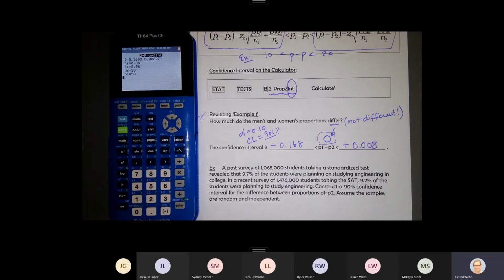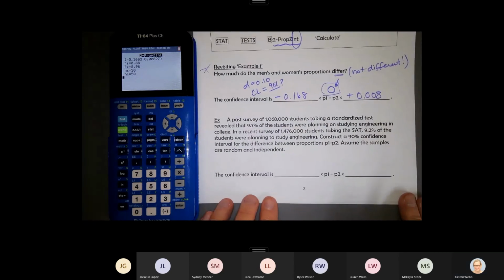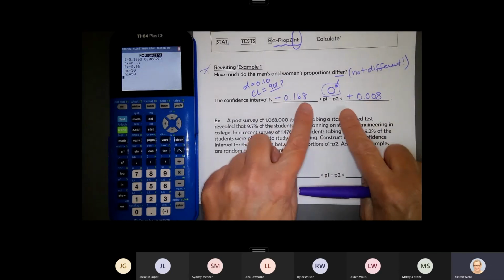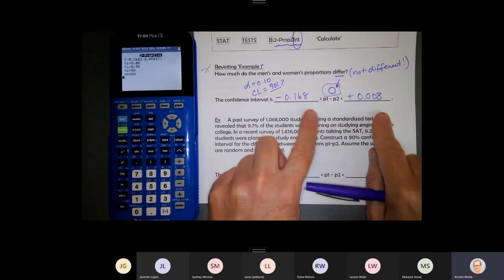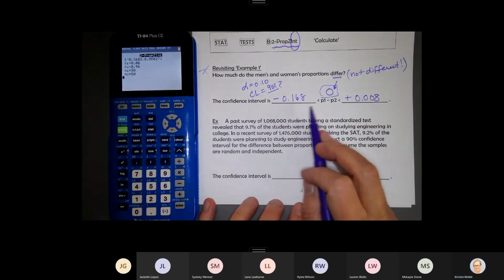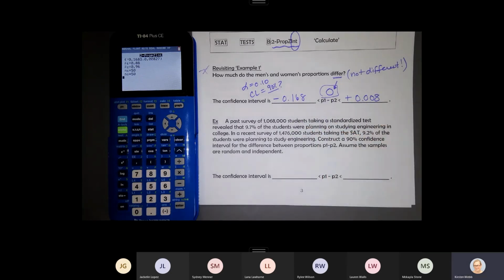The difference when we subtract should essentially be 0. If there was a difference, then both of the numbers would have the same sign. Maybe they would both be positive, or maybe they would both be negative. But one positive and one negative justifies what we thought. They're not different. If we subtract them, we're pretty much going to get 0.